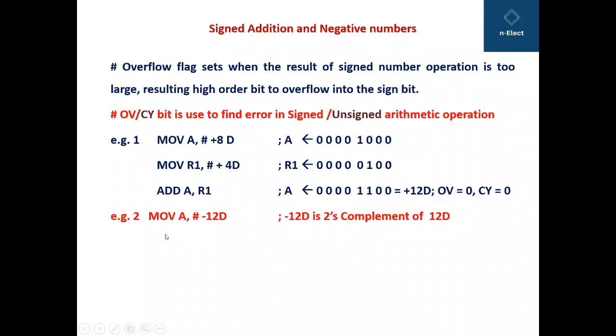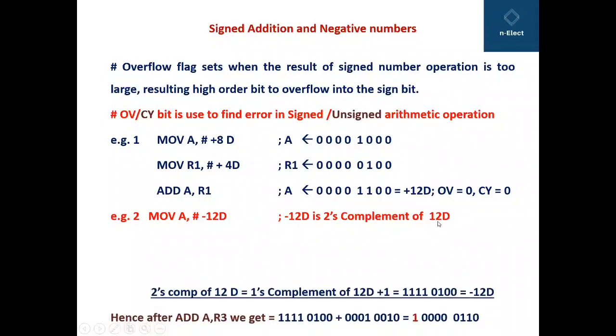The second instruction is, for example, MOV A, #-12d. Now, how to write -12d? So -12d is basically the 2's complement of 12d. Now how is the 2's complement of 12d obtained? The 2's complement of 12d will be equal to the 1's complement of 12d plus 1, which is written as 11110100.